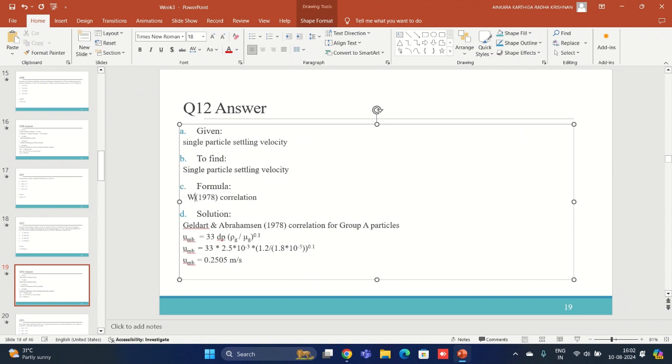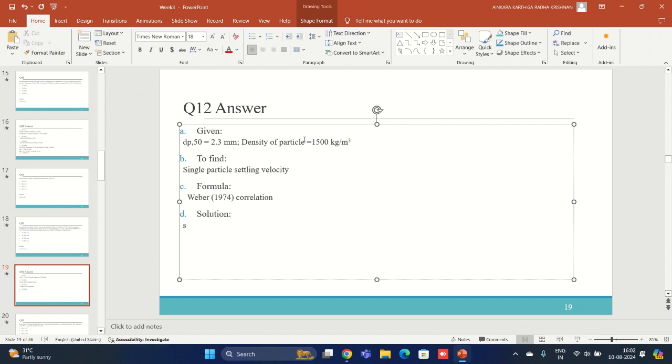And we are asked to use the Weber 1974 correlation. What was given? dP50 is 2.3 mm, and the density of the particle is 1500 kg per meter cube, and the density of water is 1000 kg per meter cube.